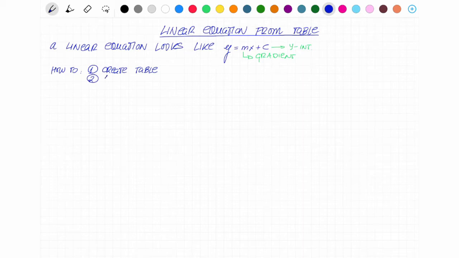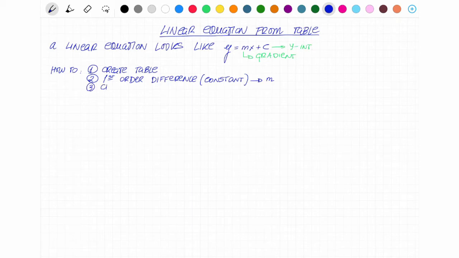Then you check the first order difference, and because this is going to be linear, that is going to be a constant, and that constant is giving you your gradient. And once you've got that, you check for the y-intercept, which is going to be your c.